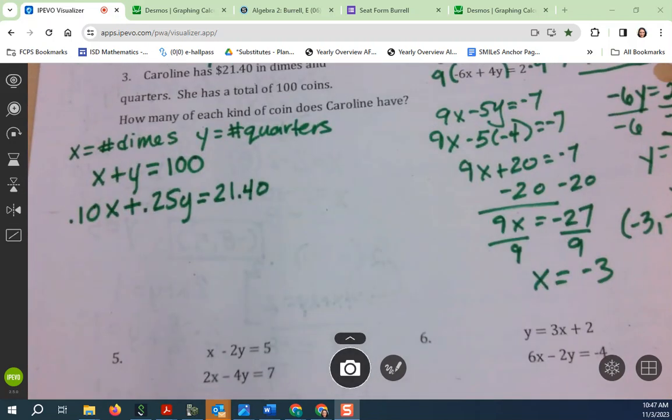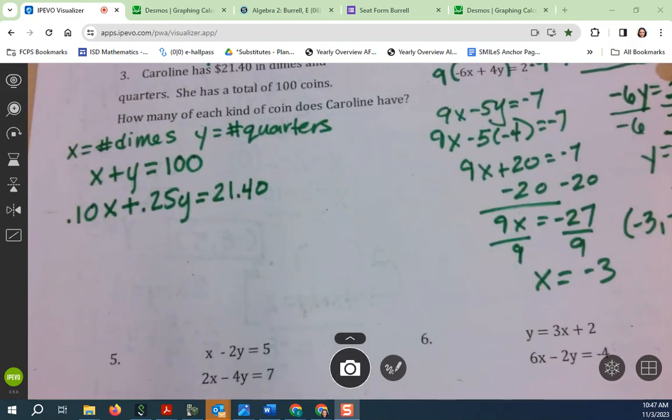Once you set it up, you just need to do the same thing as before. You could use substitution or elimination. Does anybody have a suggestion? Would you like to use substitution or elimination? I heard substitution, okay.